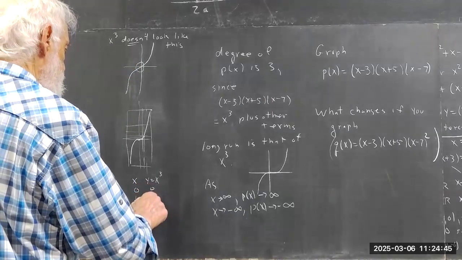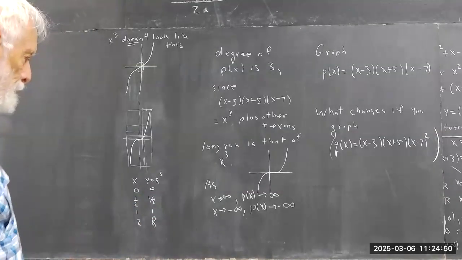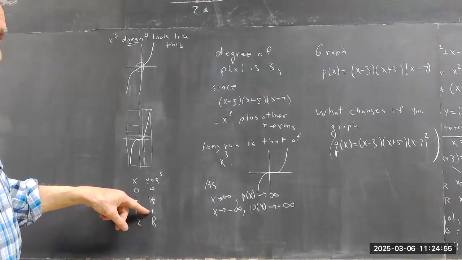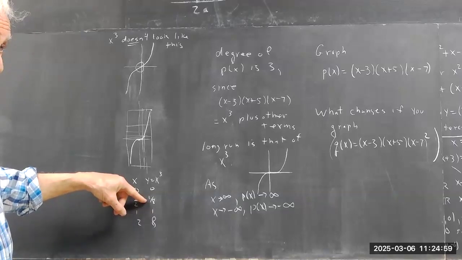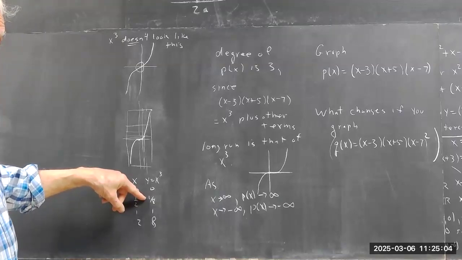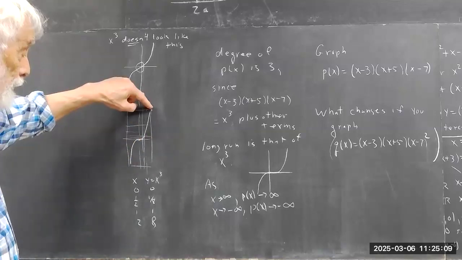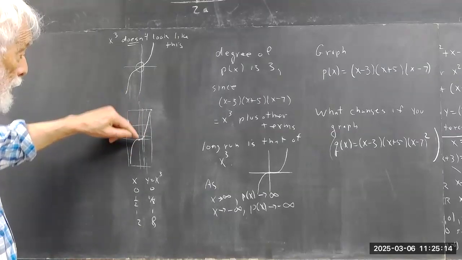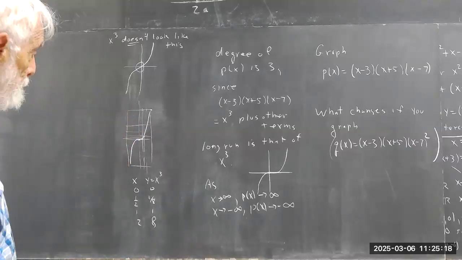You're going to get 0, 1/8, 1, 8. 8 is 8 times 1, right? And 1 is 8 times 1/8, right? So 8 is 64 times as big as 1/8. So this point is 64 times closer to the x-axis than this point. This point is 8 times closer.